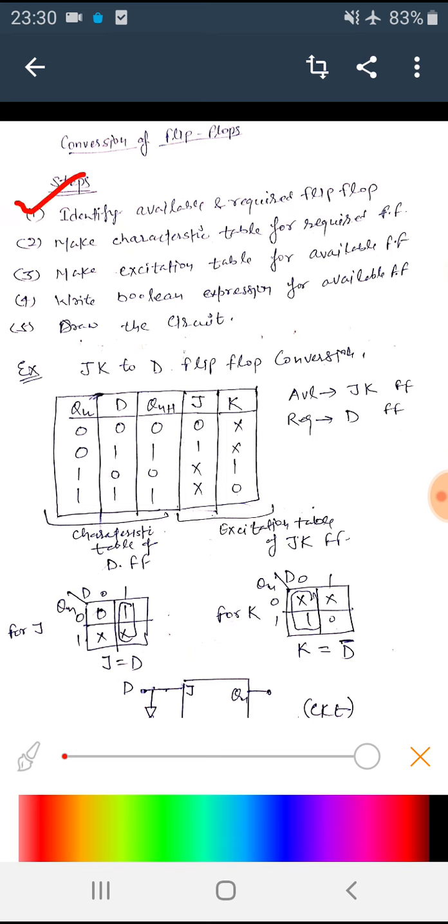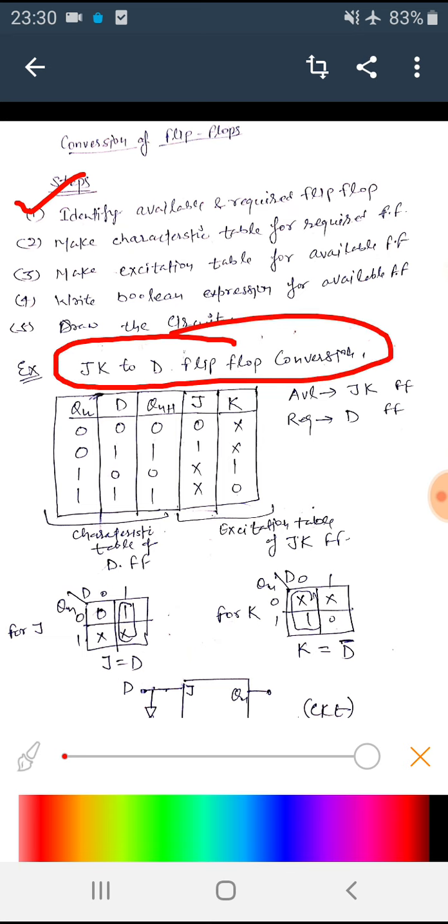First is to identify the available and required flip-flop. As I have written in an example, if we need to convert JK to D flip-flop, first of all we identify that the available flip-flop is the JK flip-flop and we need to convert it to the required one, that is the D flip-flop.